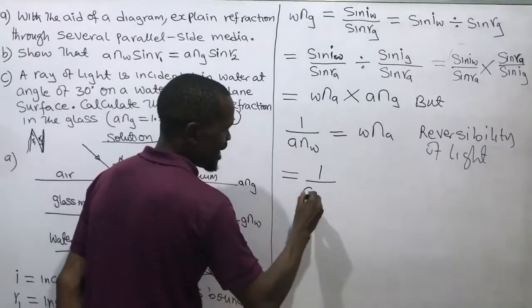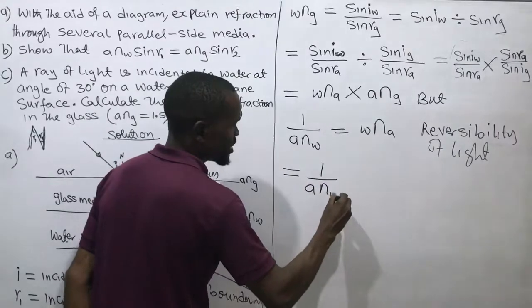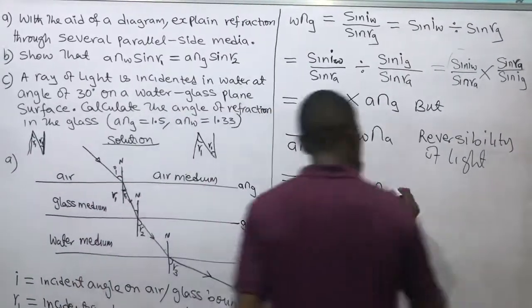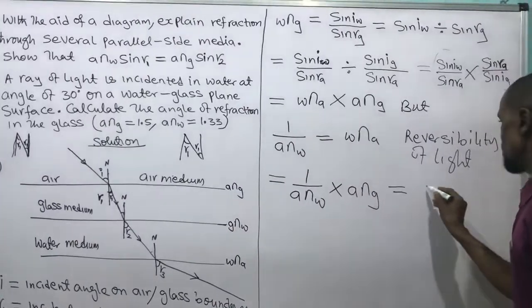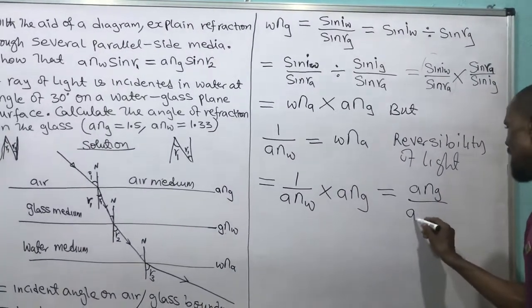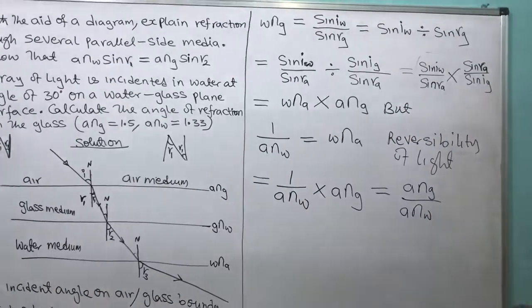1 over A to water times A to glass. And that will land me to what? A to glass all over air to water. Understood?